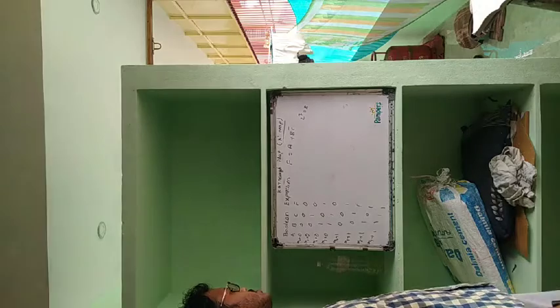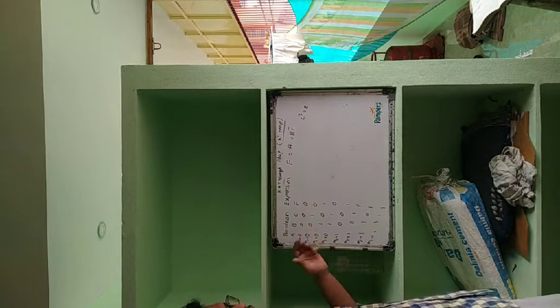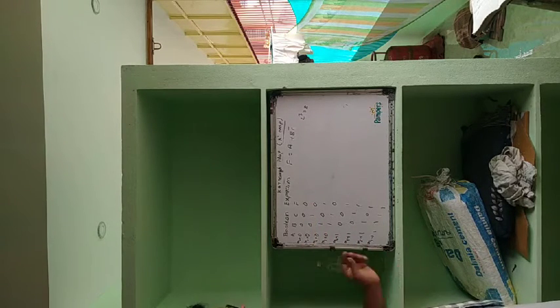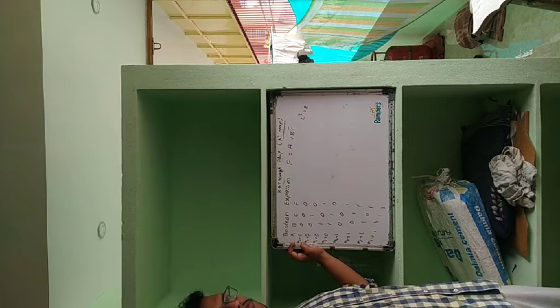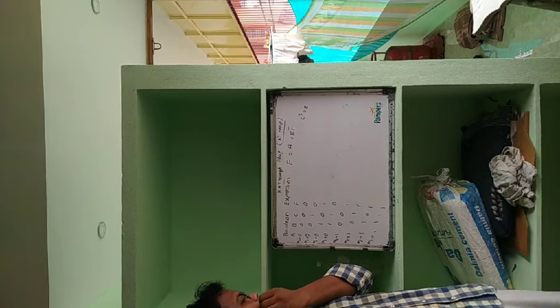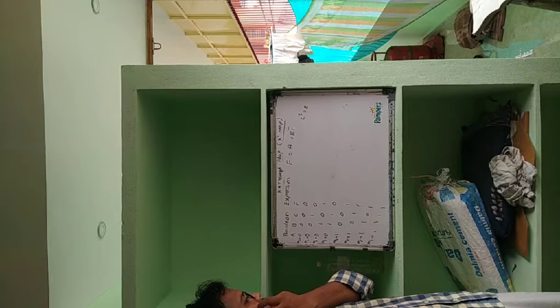So name this group as m0. This is the sum of products.